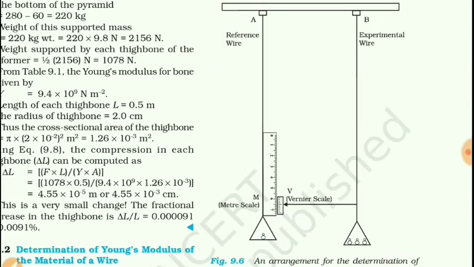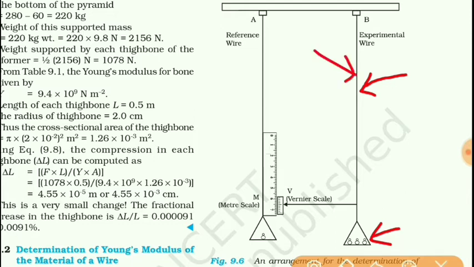Now initially some mass is kept inside the pen of this wire B also, so that this experimental wire becomes straight, but that mass has not to be considered.